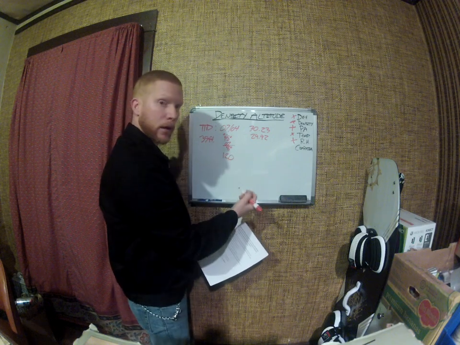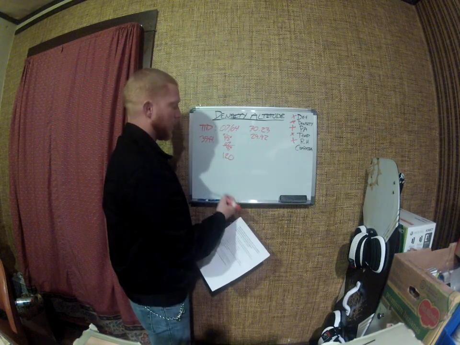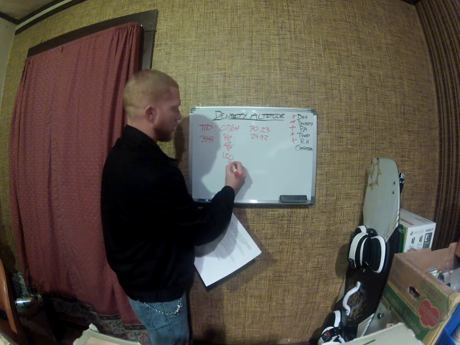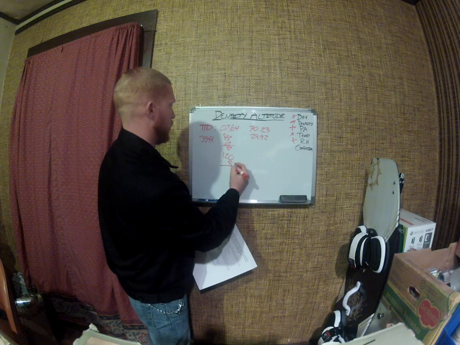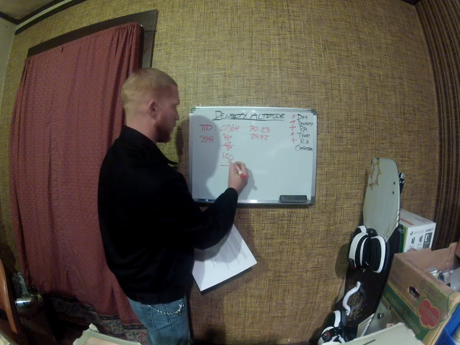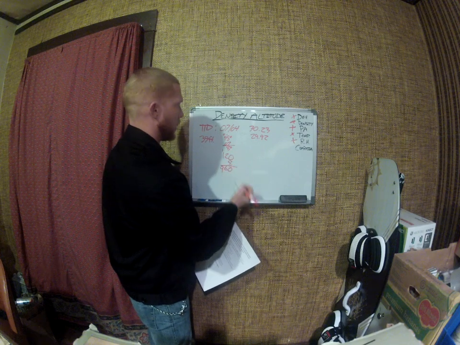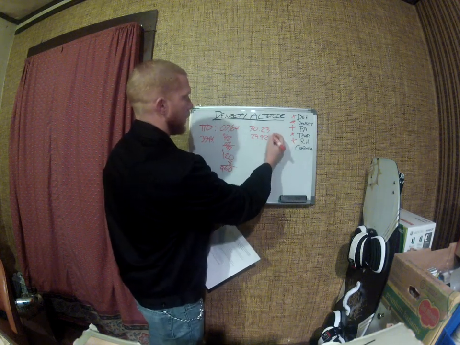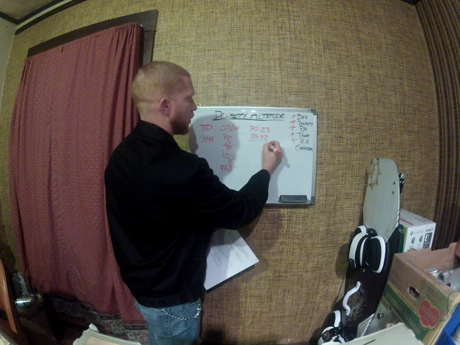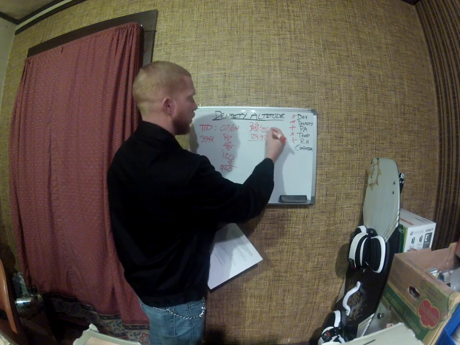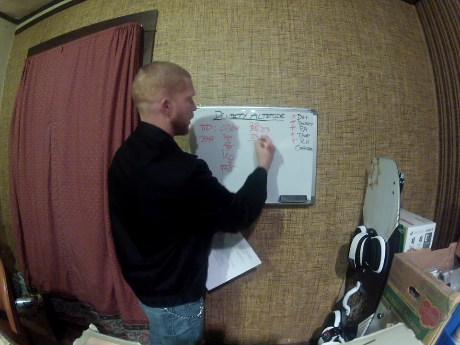We're going to multiply that by 120, so it changes 120 feet for every degree change. We have a difference of 8 here, so we're going to go ahead and do 29.92 minus 30.23.